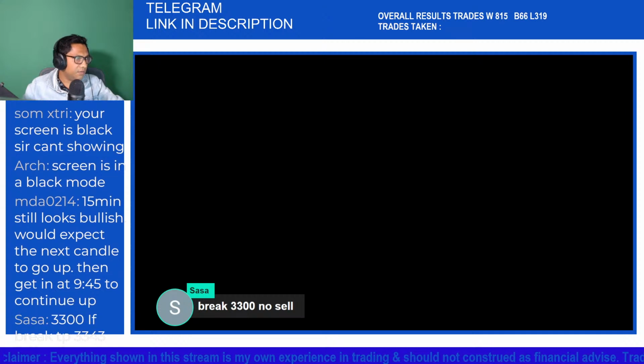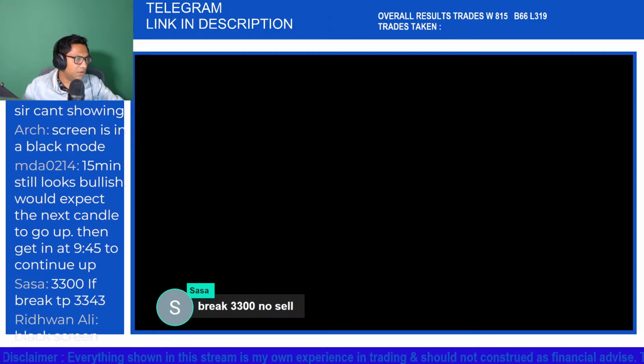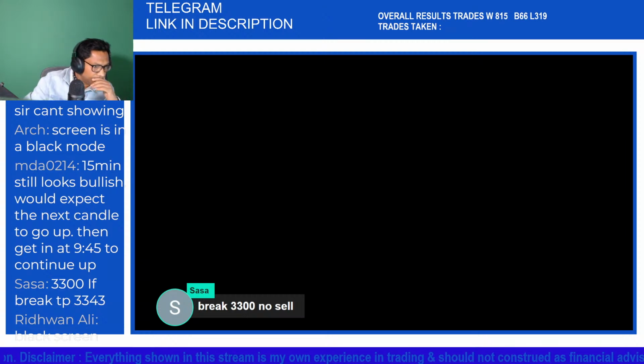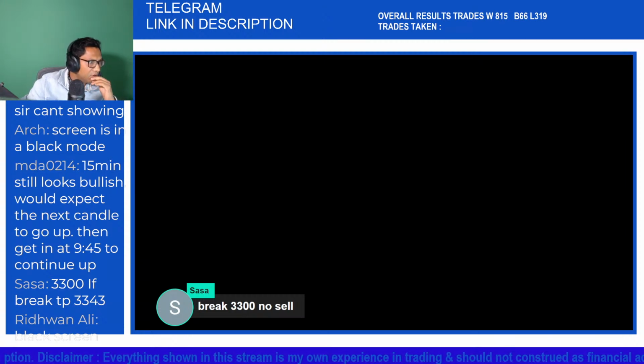So there is a 30 minutes candlestick pattern as well. Lower time frame price action is also showing in the same way. It's an interesting price action here.